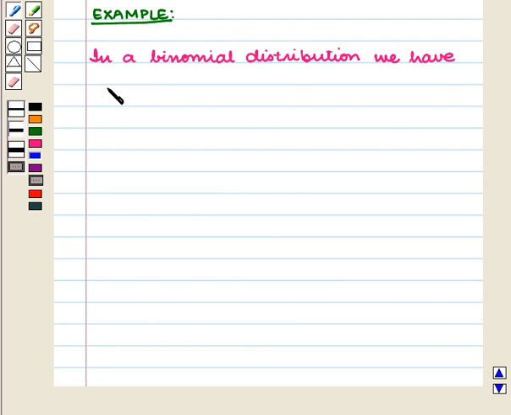For example, in a binomial distribution, we have n equal to 14, p equal to 0.62 and q equal to 1 minus 0.62 equal to 0.38.